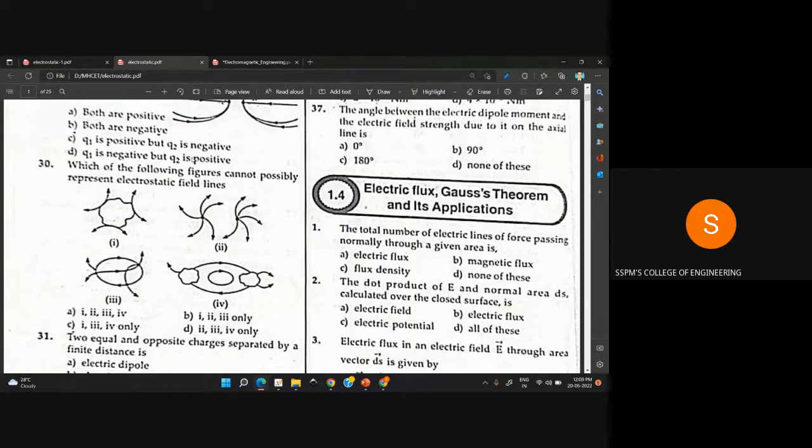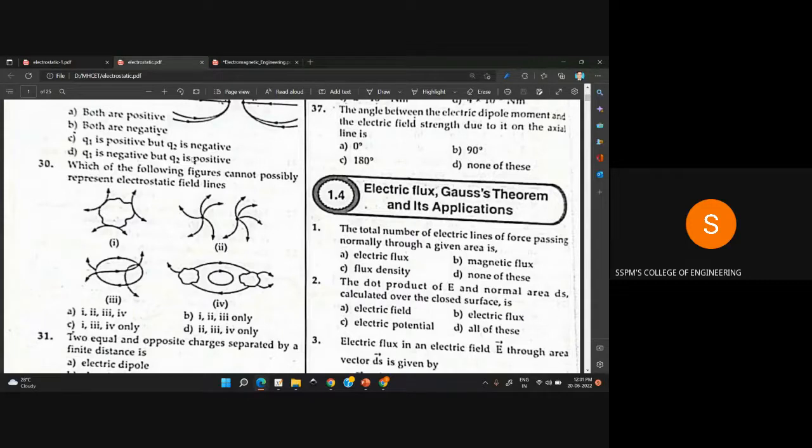Now let's discuss the fourth option. In the fourth option also, the line of electric field is represented by a loop. But as I mentioned, the line of electric field is unidirectional, not bidirectional. Here two arrows are given, which indicates two directions, but an electric field always has only one direction.